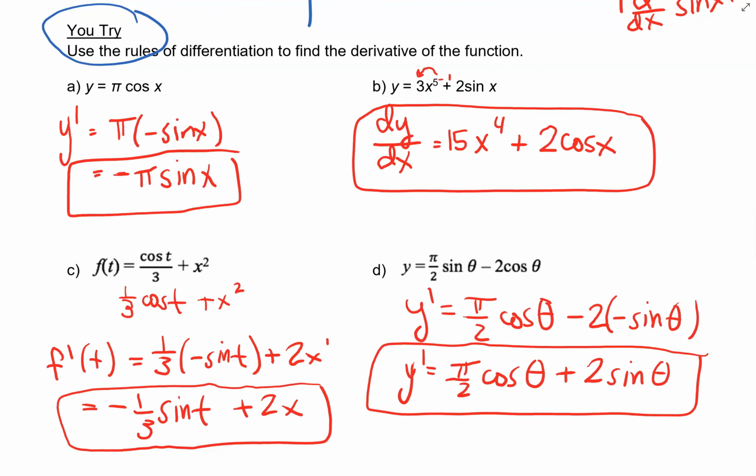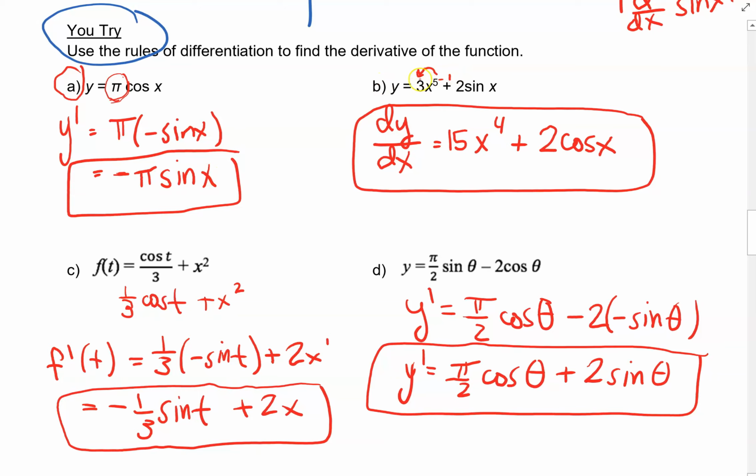All right, here are the answers I have for A through D. In A, we were using the constant multiple rule and just multiplying pi to the derivative of cosine, which is negative sine. So then the pi times -1 is just negative pi times sine x for our derivative. In B, we just used the power rule.